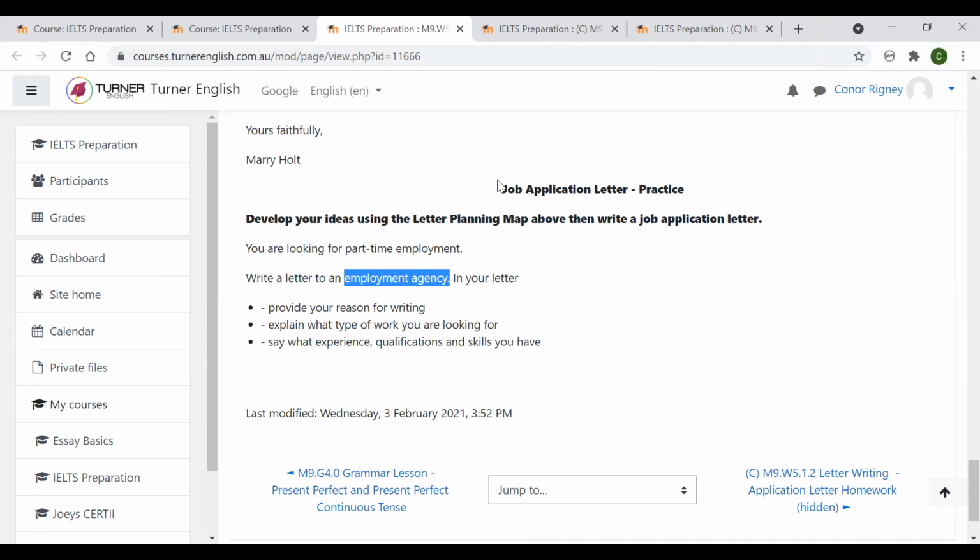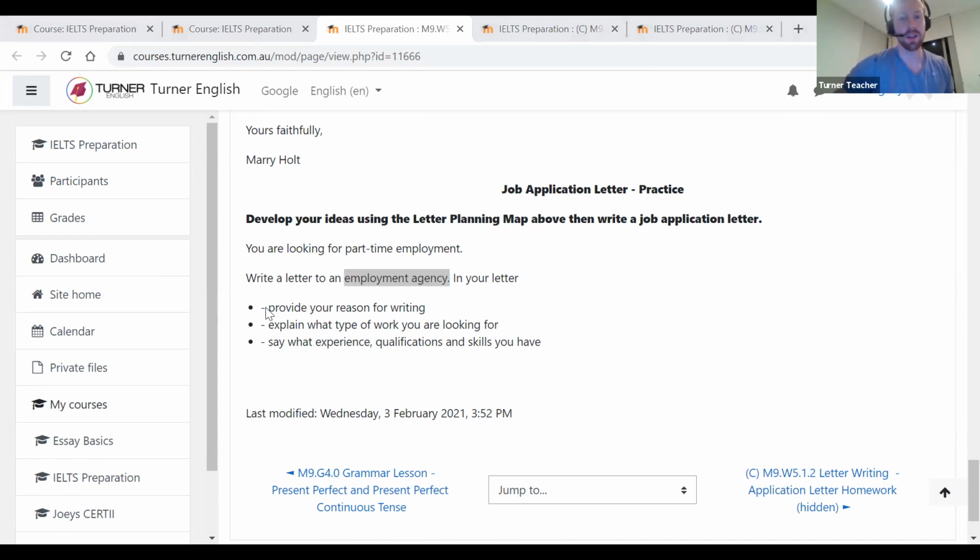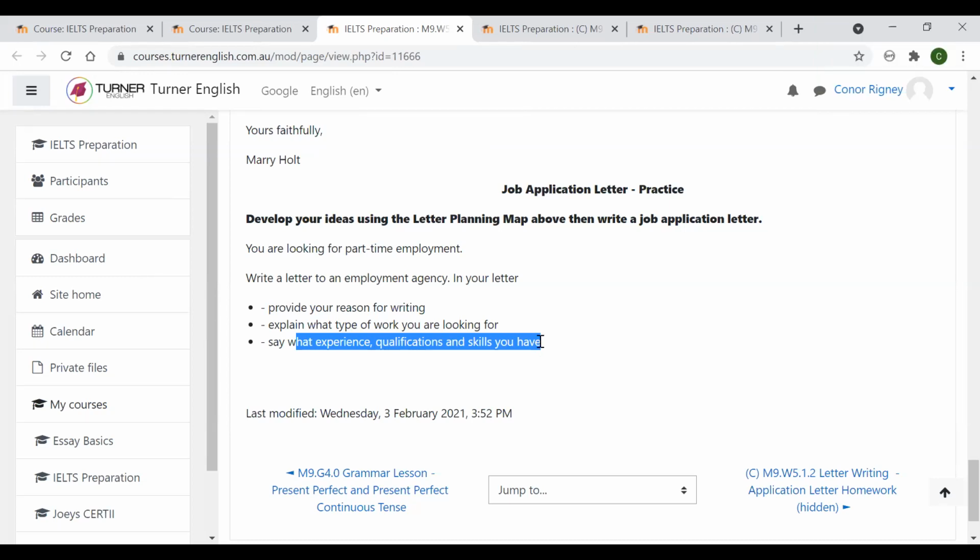Okay, so you say, I'm looking for a job at Woolworths. And then you need to say why you're writing and the type of work that you want. What kind of job? Do you want to be a waiter? Do you want to be a teacher? Whatever. And then your experience. So you could say, I worked as a waiter last year in another restaurant, or I've done classes in barista or something. Okay, thank you.